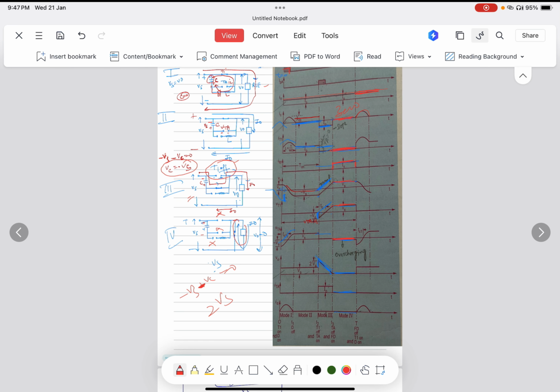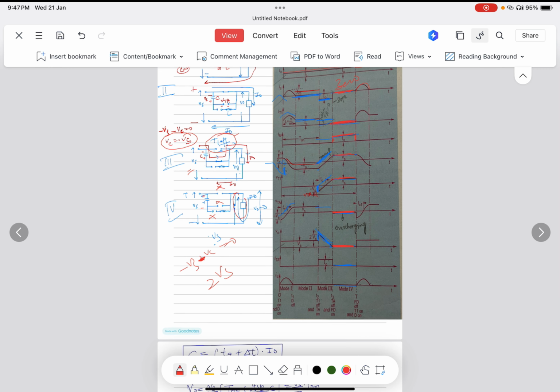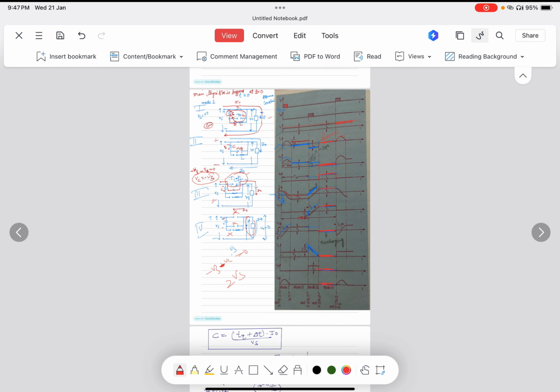Also you can see that the output voltage is 0 here. The auxiliary thyristor ITA is open circuited, so no current flows across it. Also in mode 4 the diode is not conducting. So you can see here how the 4 modes operate. Also you can see here that this same cycle repeats again and again.